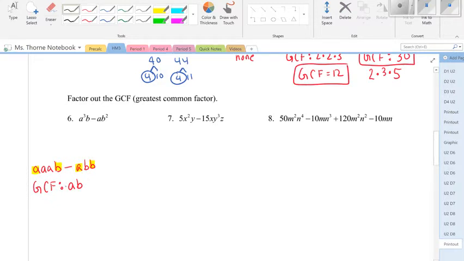So when you find your greatest common factor, you're going to divide each term by the greatest common factor because that's how you get it out. So we're really dividing out ab from each term. And if you recall, we talked about the rules and properties of exponents. So when I am dividing something with the same base, we subtract the exponents.